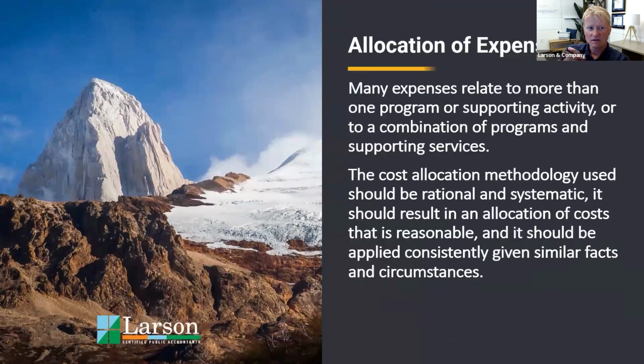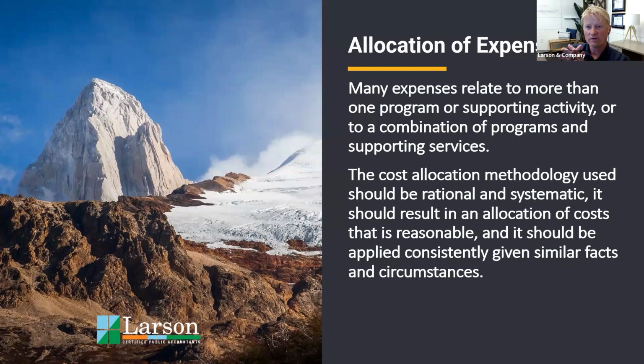In a lot of cases, expenses relate to more than one program or supporting activity, or it can be a combination of program and supporting services. So the cost allocation method that you use in allocating these costs across the different areas should be rational, it should be systematic, and it should result in an allocation of costs that is reasonable, and it should be something that you can apply consistently, given similar facts and circumstances each year.